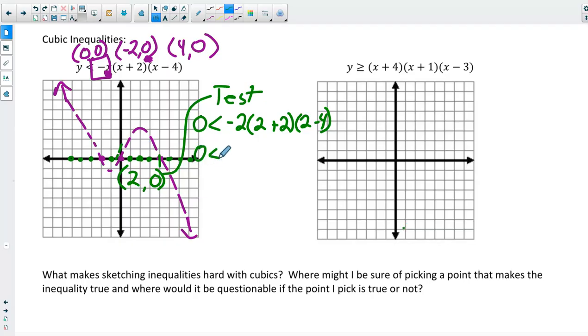What number do you get in there? 16? Is 0 less than 16? Yeah, that's true. That's good. So then that right there, that point, is a solution. So I'm going to shade here and over here.